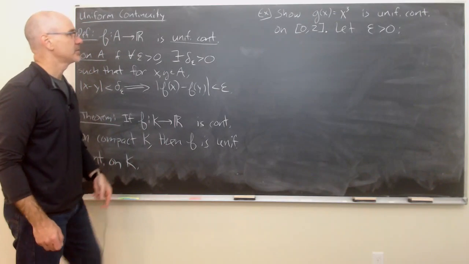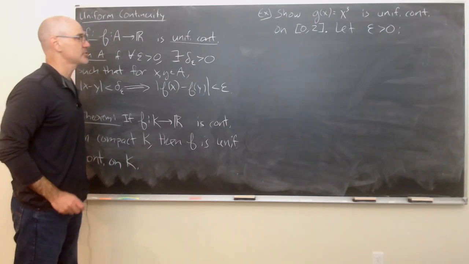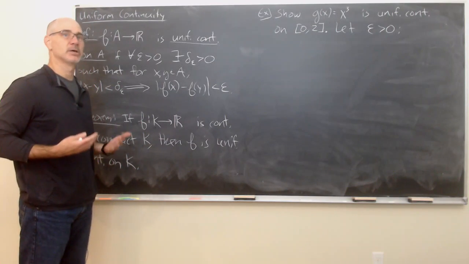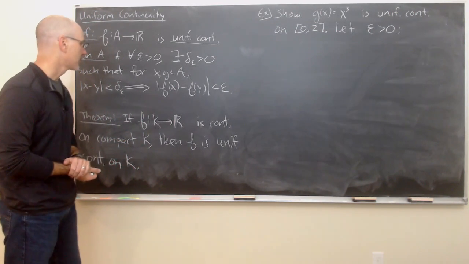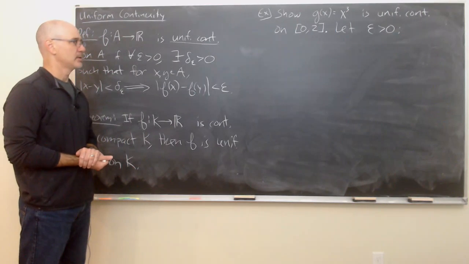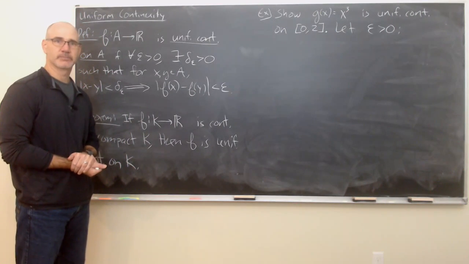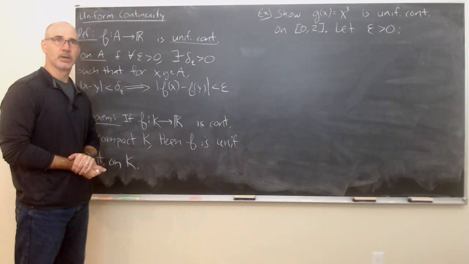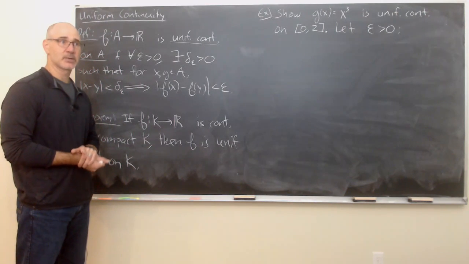All right, in the previous video, we highlighted the difference between two types of continuity. In the first case, we had a linear function, and when we went to establish that it was continuous at every point c, we could do that with a single choice of delta.